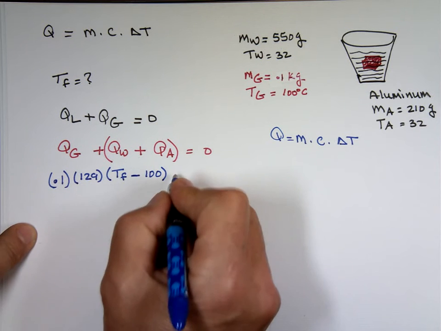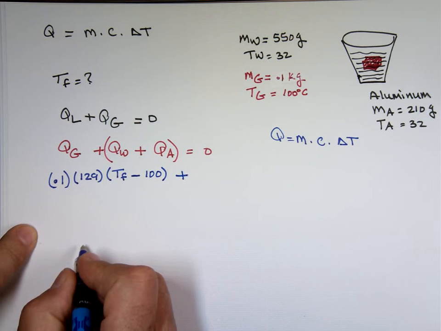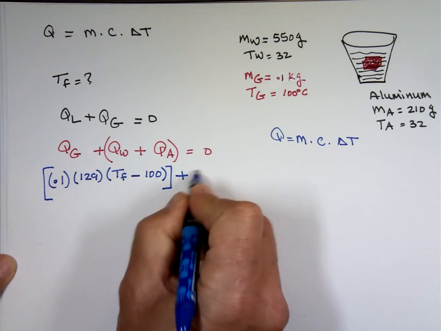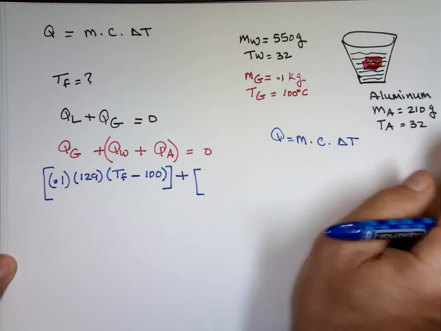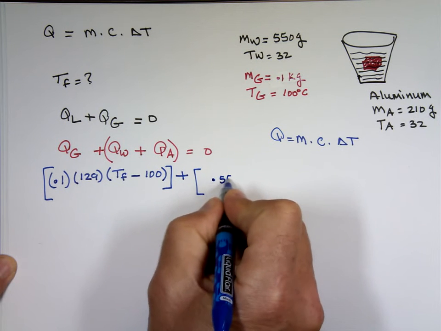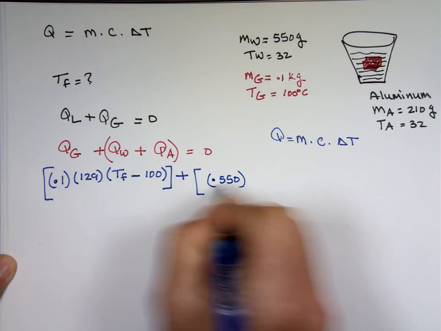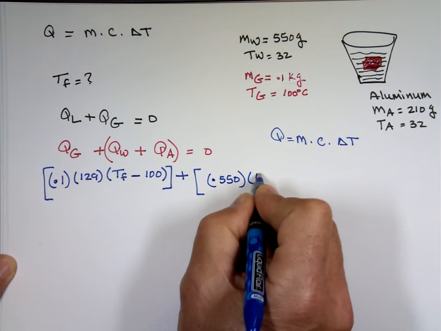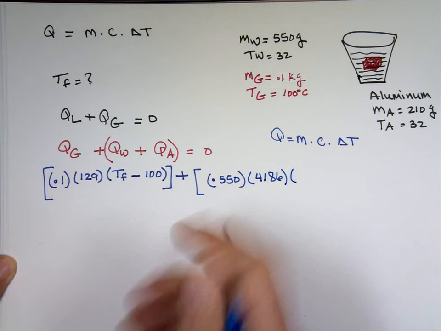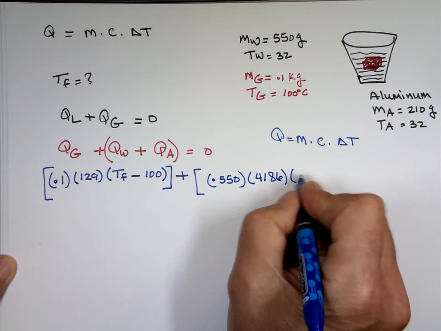Let's see who gained. As this is the lost here. The gained, let's start with the water. The mass of it, which is what? 0.550 kilogram, times C for water, 4,186, times the change in temperature, T final minus the initial, which is 32.